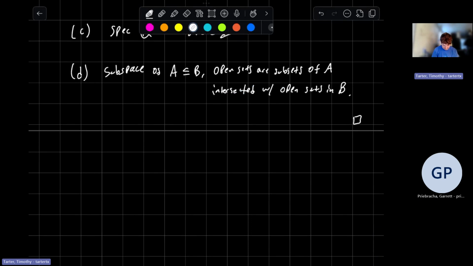This is a pretty easy exercise, I think. Although I feel weird because his hint was to compare closed subsets, so maybe I'm doing that wrong.